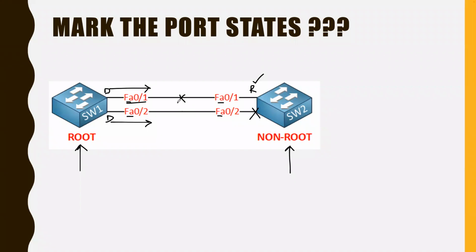Yes, that's the purpose of STP. In a stable state, it will keep one of the links up, but as and when that one goes down, based upon the BPDU information or topology change notification, it will bring up the other one. Okay, all right, thanks. So that is the purpose.